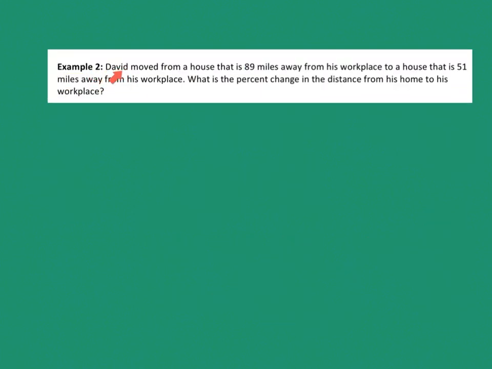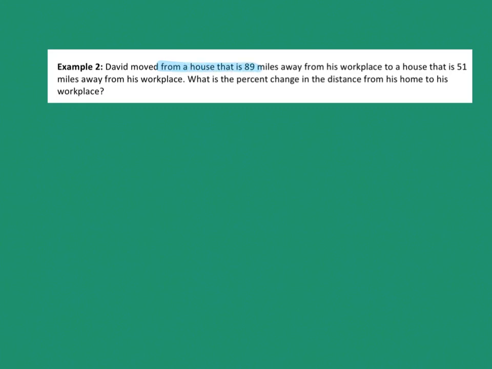Okay, second example. David moved from a house that was 89 miles away from his workplace to a house that is 51 miles away from his workplace. What is the percent change in the distance from his home to his workplace? We're going to start out by saying, what did it start from? A house that's 89 miles away.